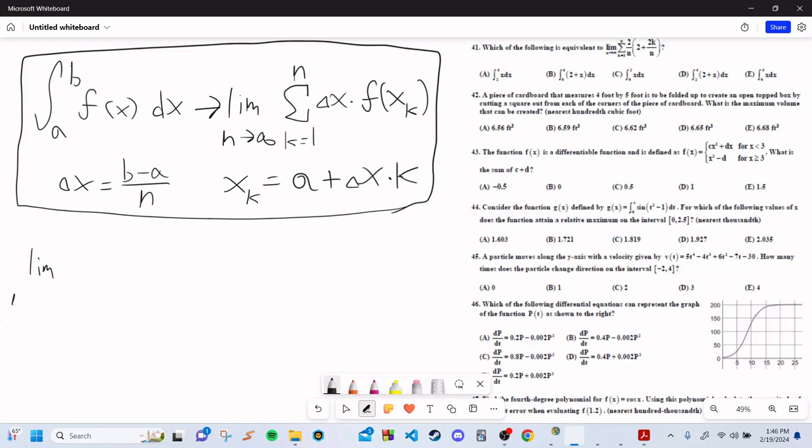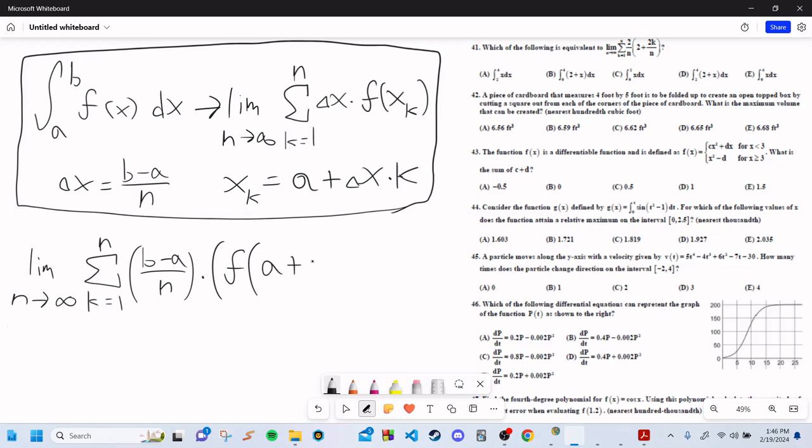So I can write this as the limit as n goes to infinity of the summation from k equals 1 to n of delta x, which is b minus a over n, times f of a plus, well, delta x was, again, b minus a over n times k. So this is our complete expression.